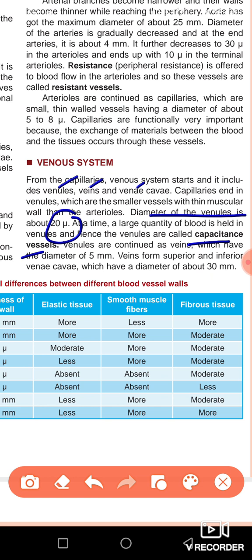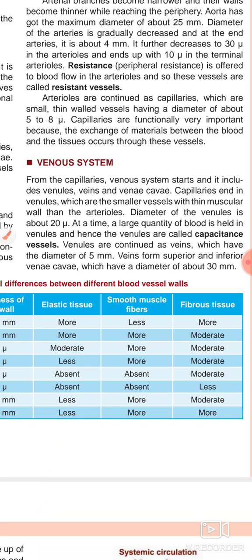They have no resistance in them, so there is no pressure in your veins. And you know very well, the pressure decreases as the vessels divide, so they cannot be called resistance vessels. The diameter decreases as you move from venules to veins and veins to vena cava, so the diameter is changing.